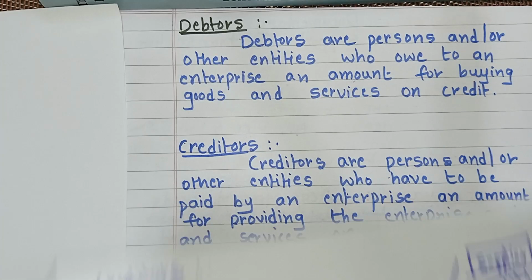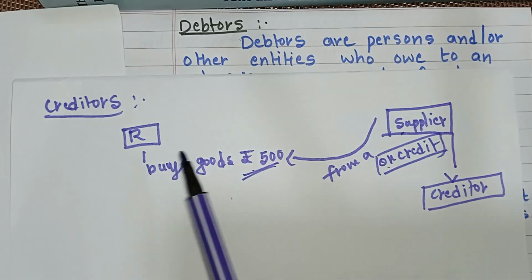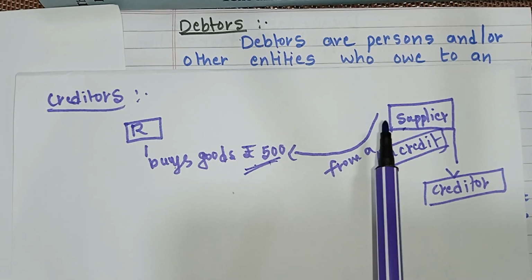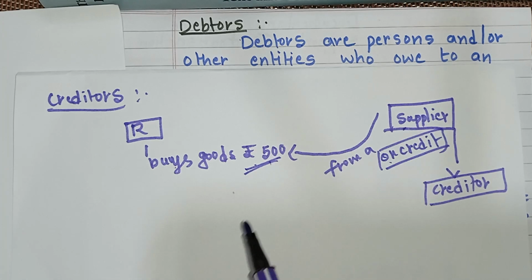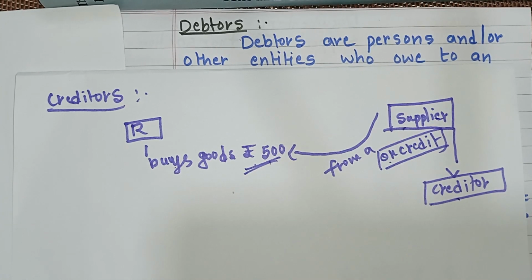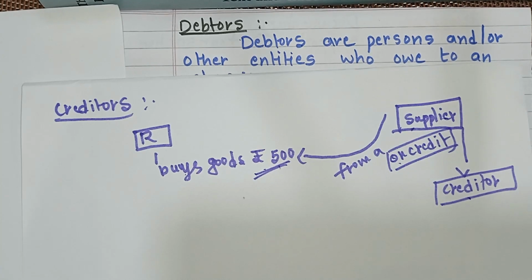And creditor means, suppose R buys goods worth rupees 500 from a supplier on credit. In this case, the supplier becomes the creditor. I hope these two points are clear to you all.